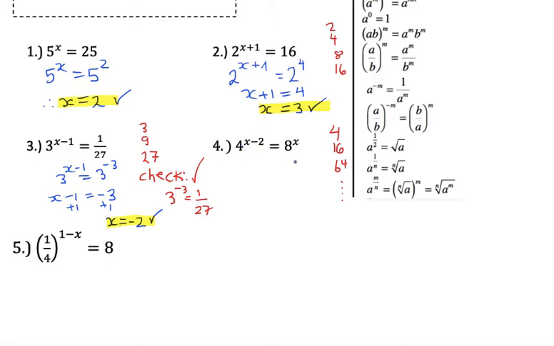Okay, let's start with the right side, it's easier. So 8 is 2 to the power of 3, and then keep the exponent that you have, keep it on the outside, we'll simplify in a moment. And then 4 is 2 to the 2, and then this x minus 2 is still there.